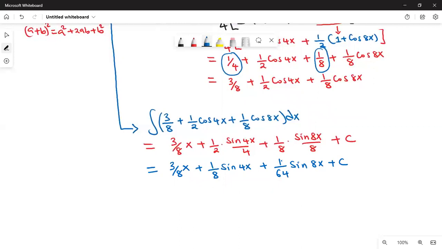So that's how to integrate cosine raised to 4 of x. What about when you have sine raised to 4, sine raised to 6, cosine raised to 6 of any given angle? You do the same as we have done here.